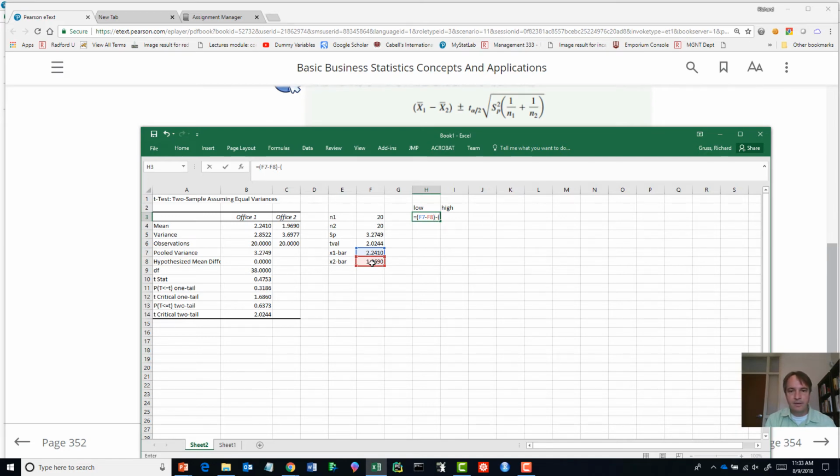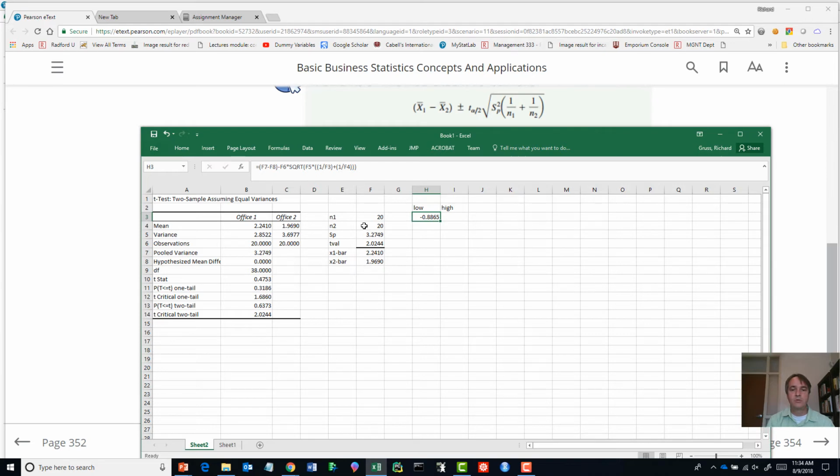Now the t-val, times the square root of the pooled variance, times 1 over the size of the first sample plus 1 over the size of the second sample. Hopefully we've got all the parentheses right.